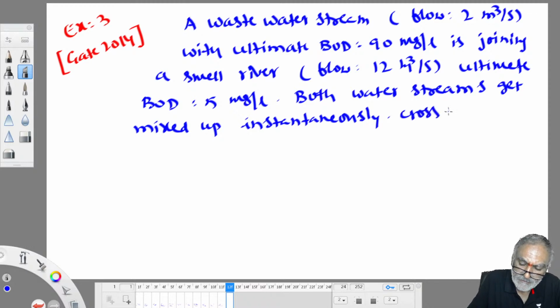Cross-sectional area of the river is 50 meters square.